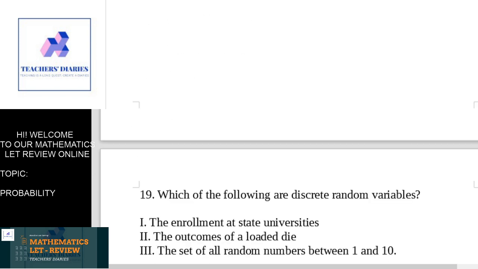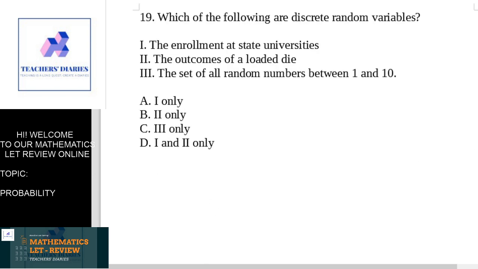Next, number 19. Which of the following are discrete random variables? First statement, the enrollment at state universities. Second statement, the outcomes of a loaded die.